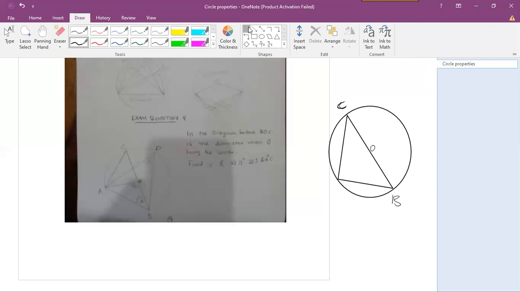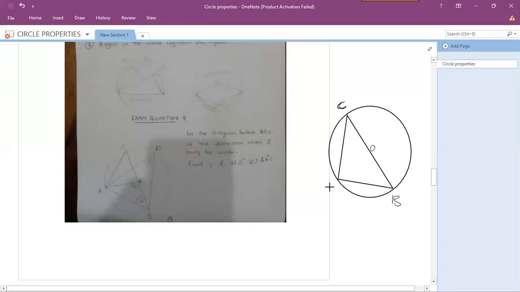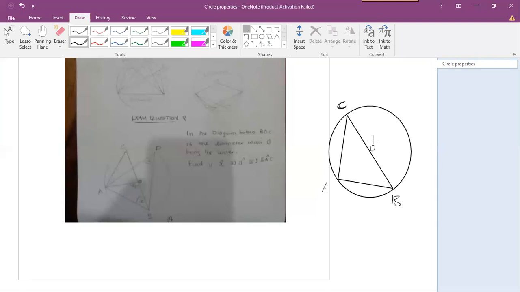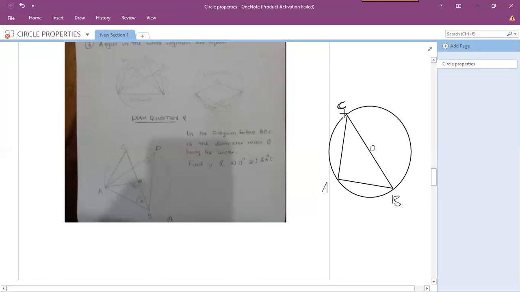Then we can see that, okay, let me write this segment here as A. We can see that this is a chord, AB is a chord, and this chord is forming an angle there, and it's forming another angle there, meaning those two angles are in the same segment, so they'll be equal. So from A to C and from B to C, an angle has been formed by the same arc.